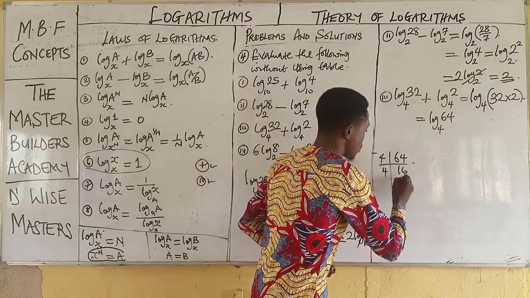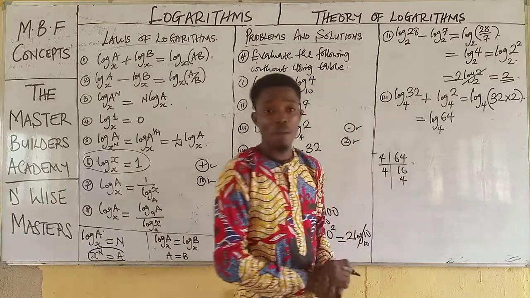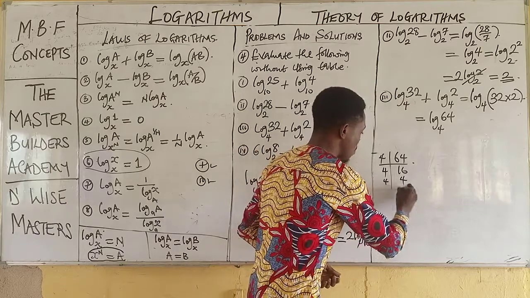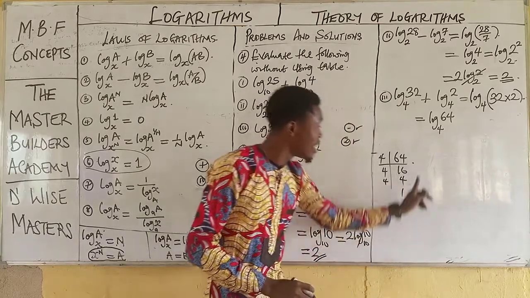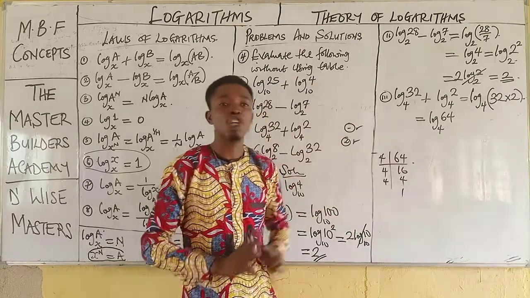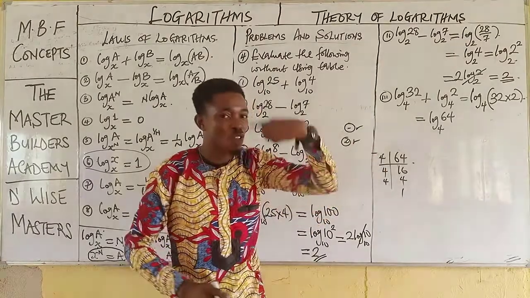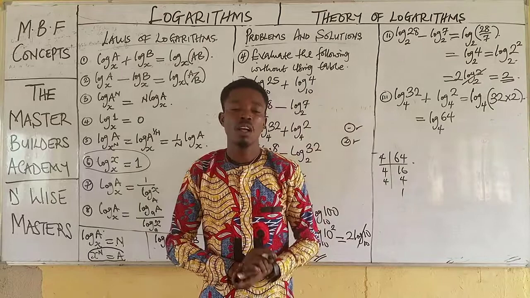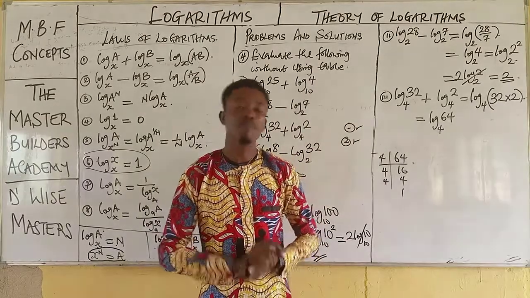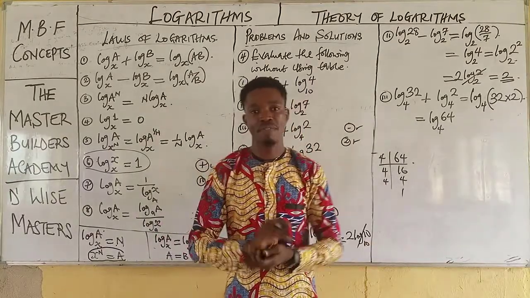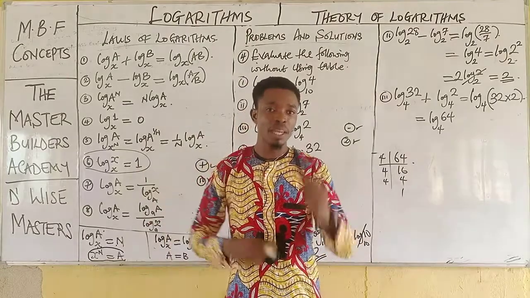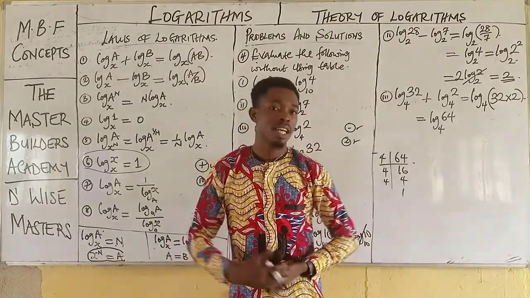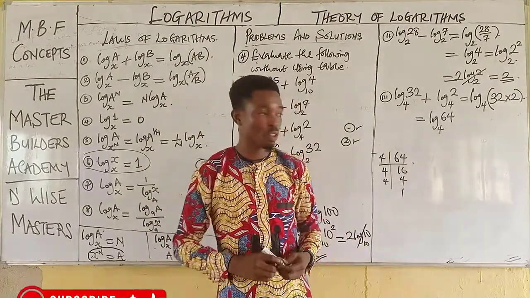And 4 into 16 is 4. Then 4 into 4 is 1. That is to say, 64 is equal to 4 raised to the power of 3. We can simply replace 64 by 4 raised to the power of 3. Hope this is very, very clear. If it's not clear, replay the video, just take it back a bit and you get the clarification.